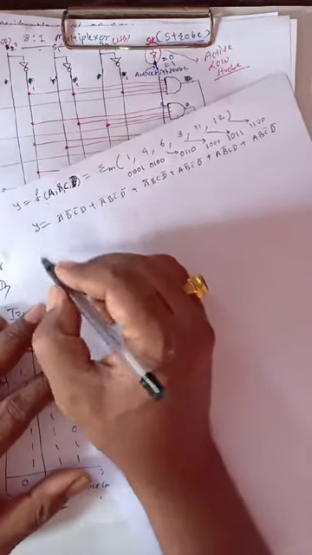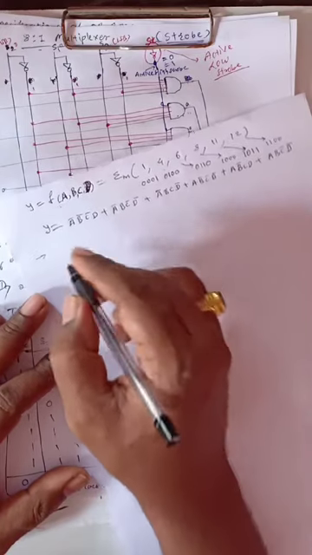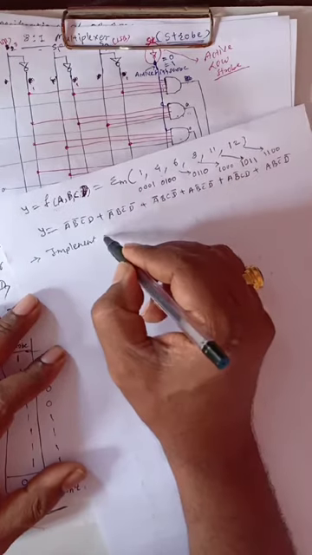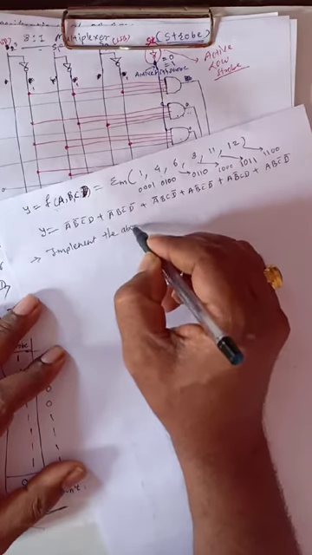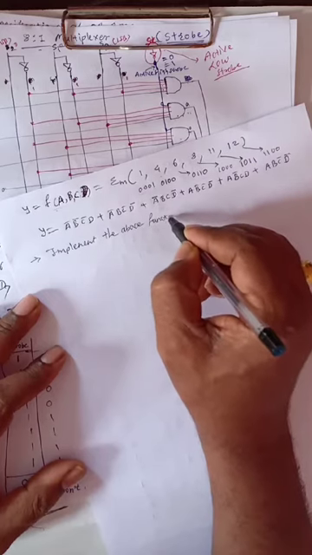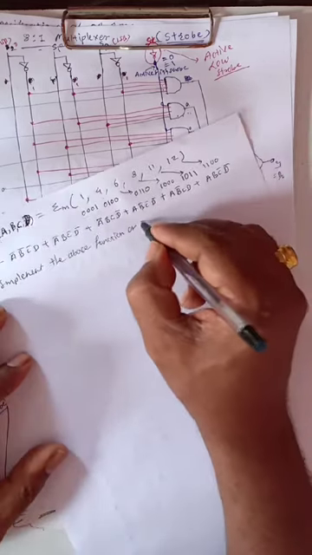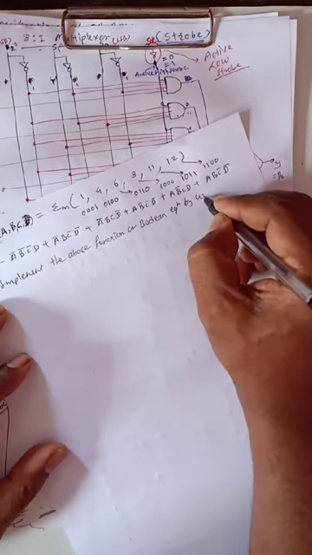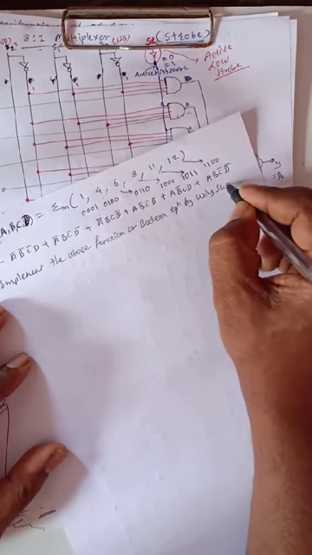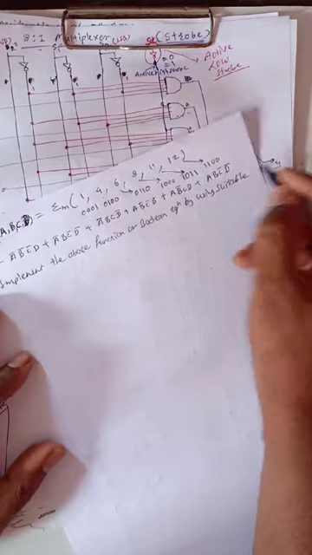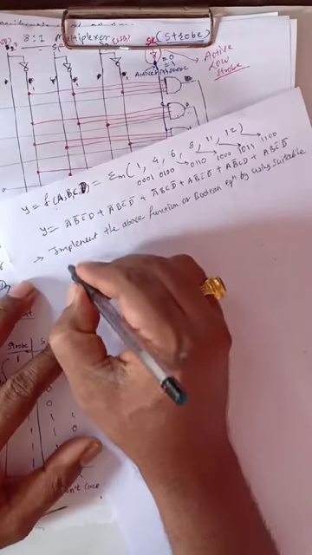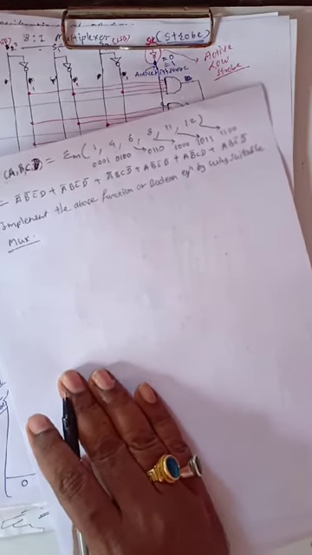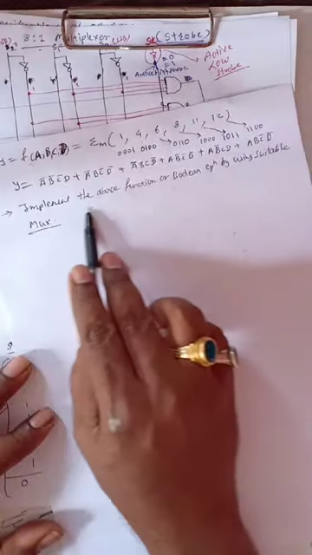It will be asked like this: implement the above function or Boolean equation by using a suitable multiplexer.